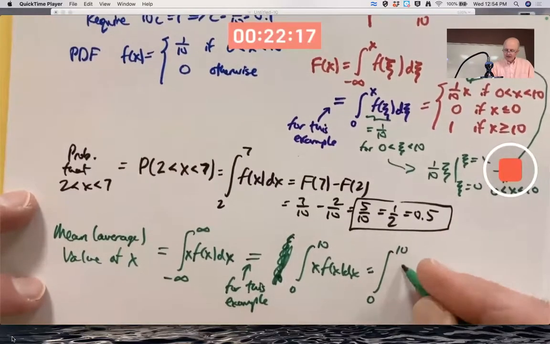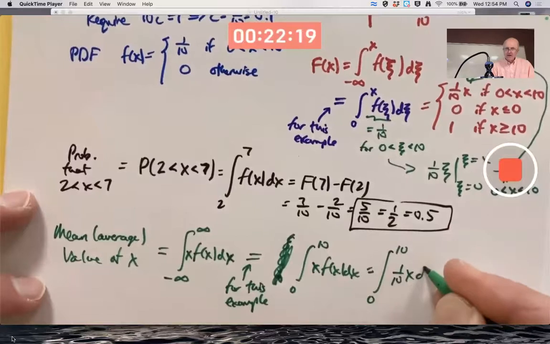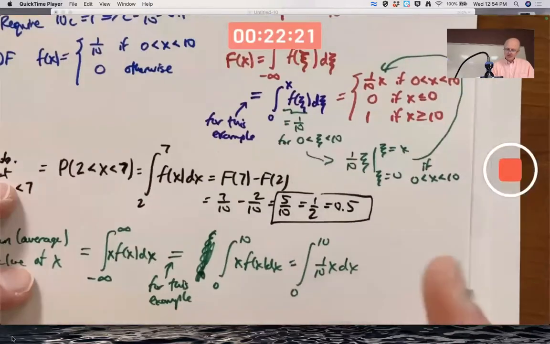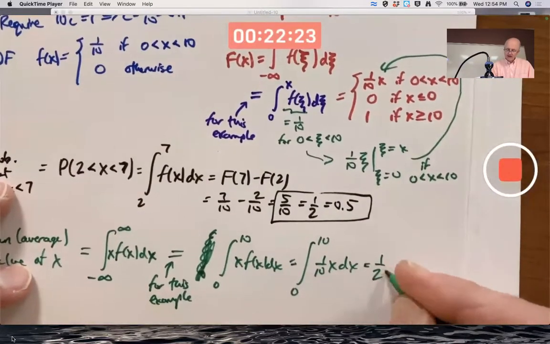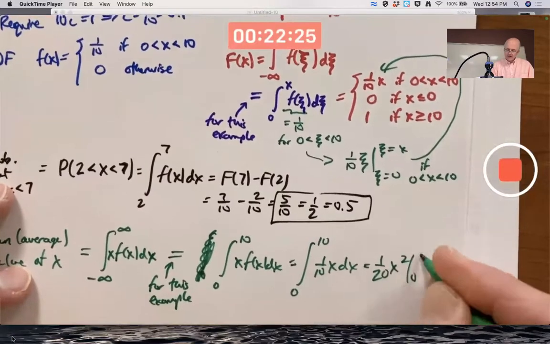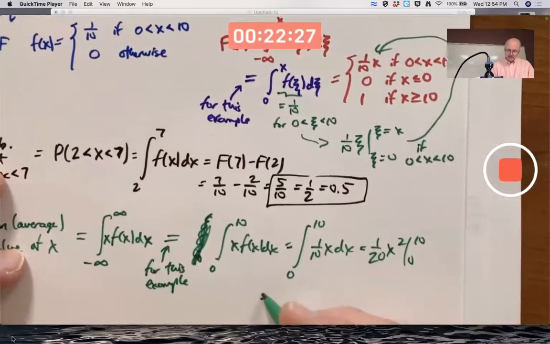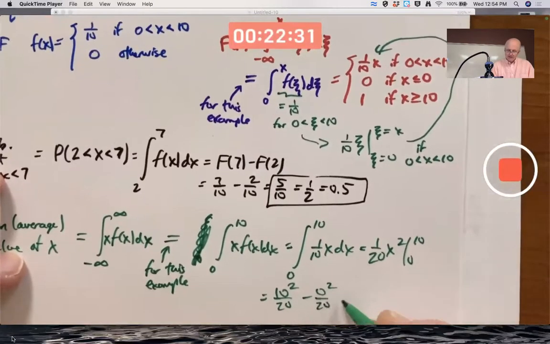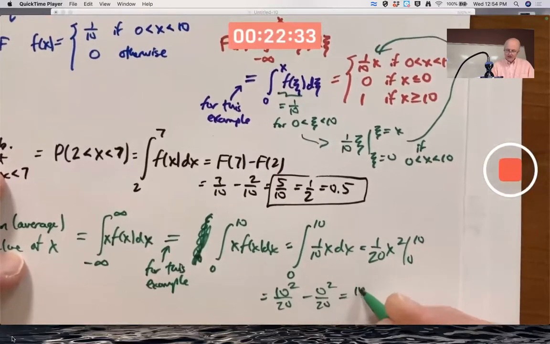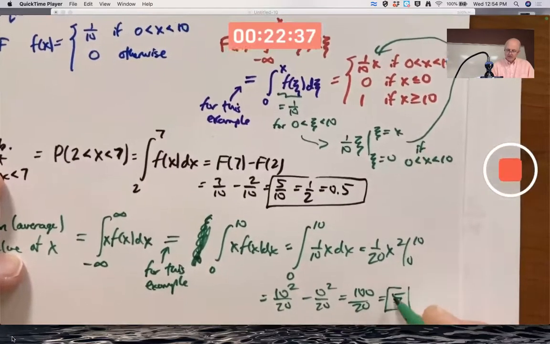So this becomes 1/10 x. Now just do the integral. Get 1/20th x squared from 0 to 10. That'll be 10 squared over 20 minus 0 squared over 20. 10 squared is 100. Divide by 20, you do get 5, like predicted.